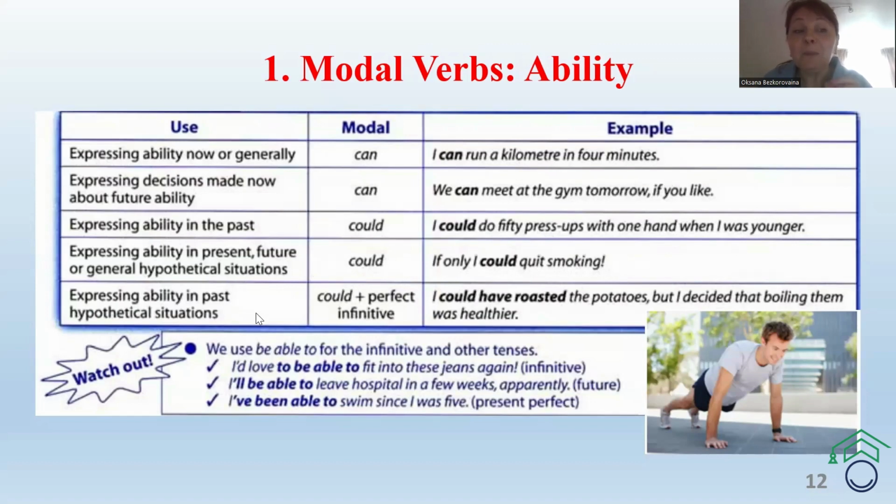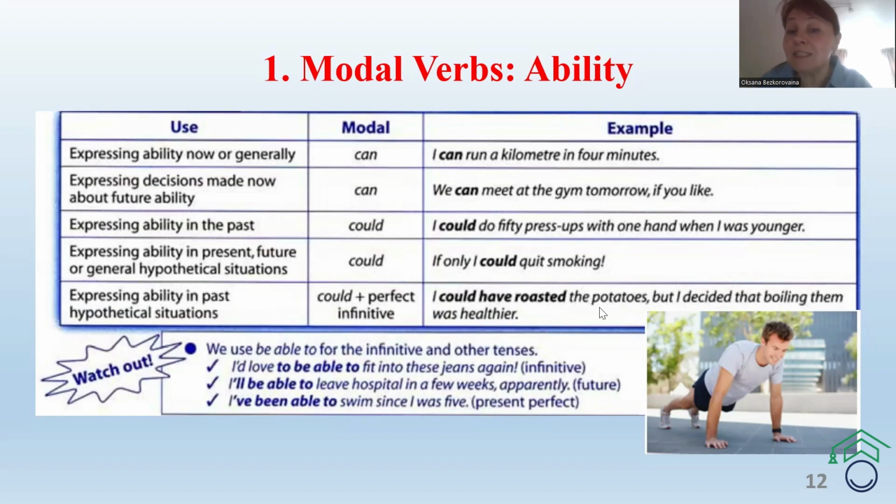Expressing ability in past hypothetical situation. What is that, hypothetical? Hypothetical, well done. Hypothetical situation. We use could plus perfect infinitive. What does perfect infinitive mean? We use have and the third form of irregular verbs.